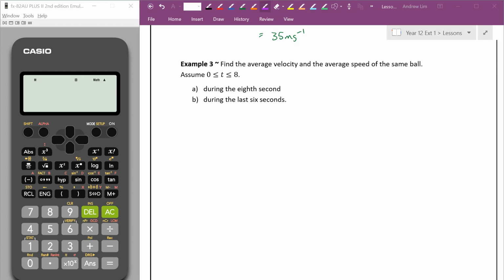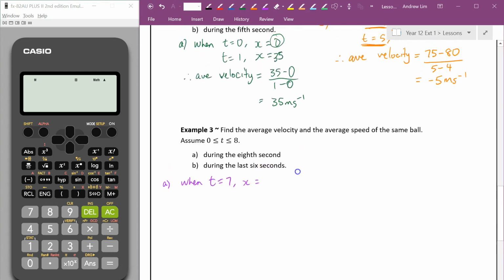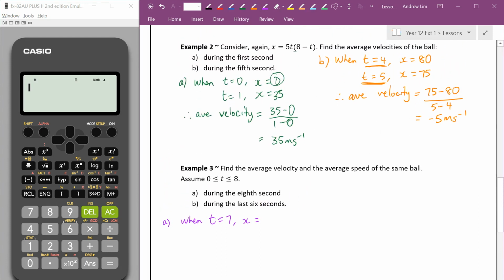Okay, so during the 8th second means between t equals 7 and 8. So let's do part A. When t is equal to 7, what is the height? 5 times 7 times 1 is 35.